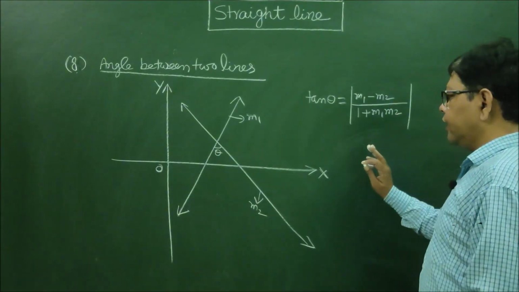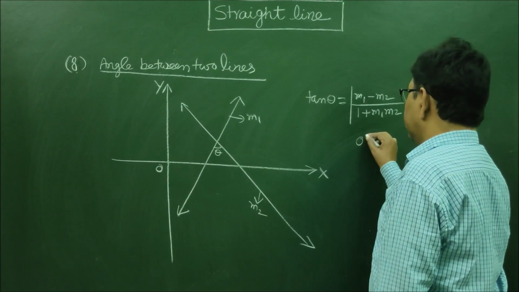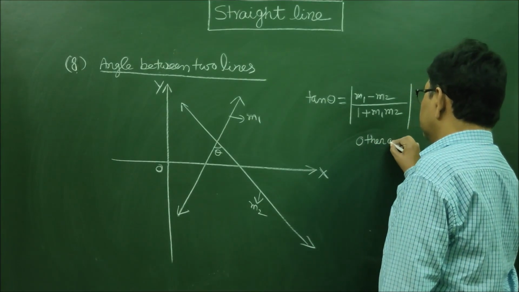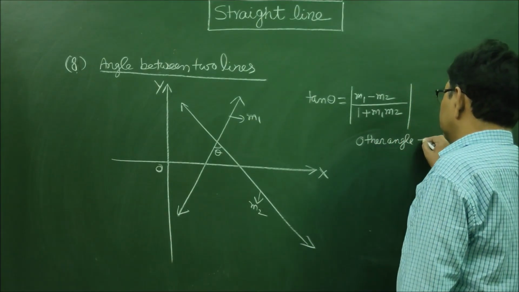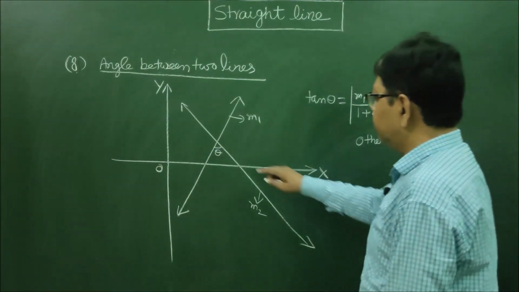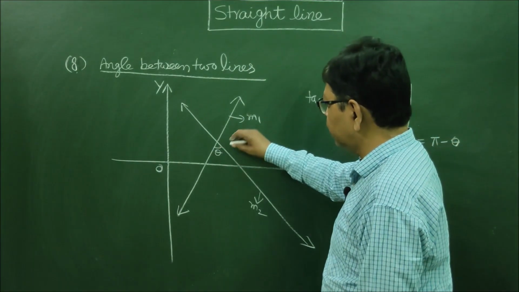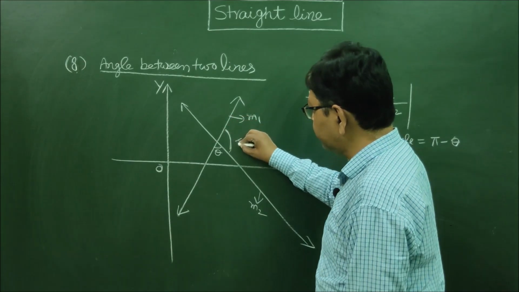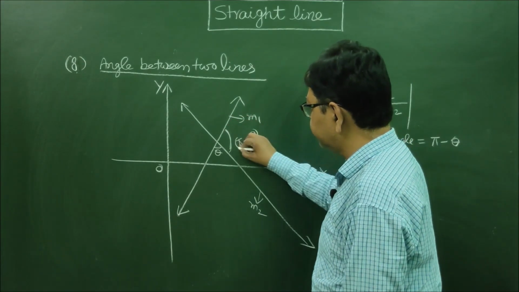If the other angle is also required, then the other angle is equal to pi minus theta or 180 degree minus theta, because there are two angles. One is the acute angle, the other one is the obtuse angle, pi minus theta.